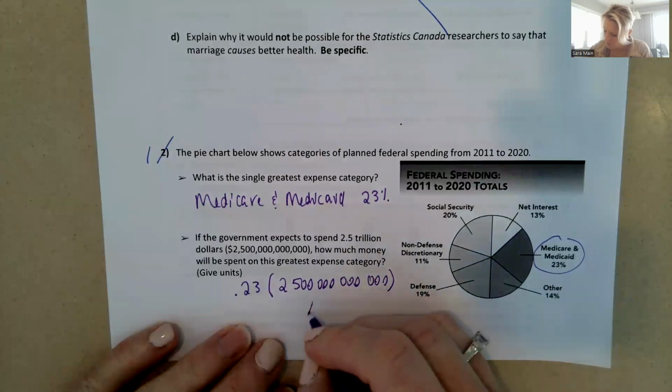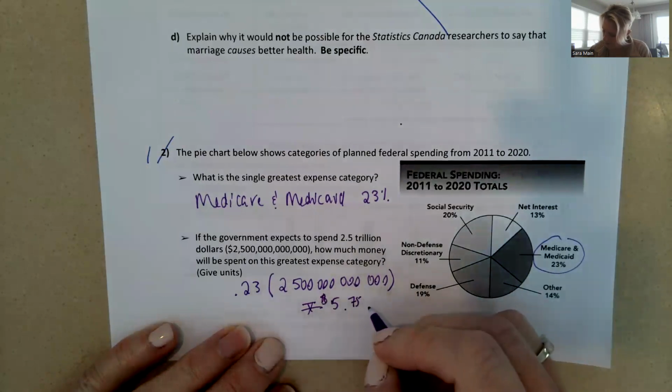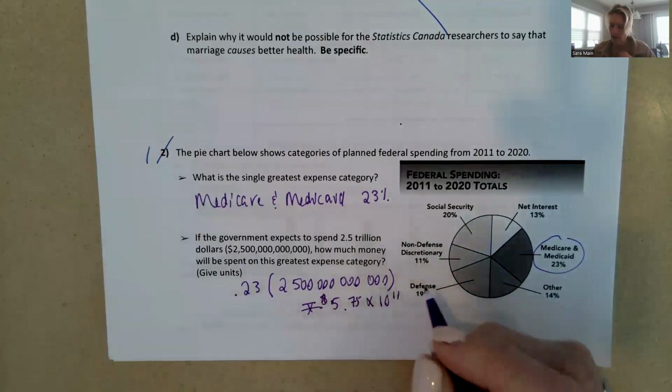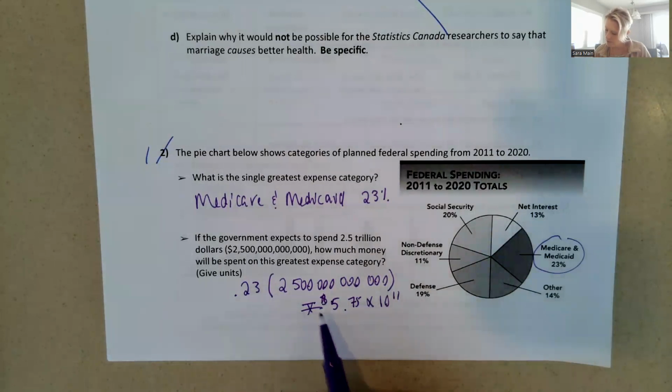And that should be equal to 5.75 times 10 to the 11th. So 23% of $2.5 trillion should be 575 billion, 5.75 hundred billion.